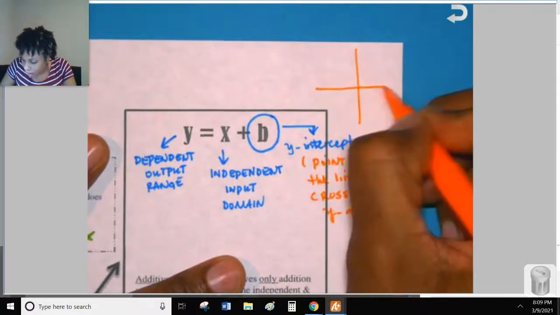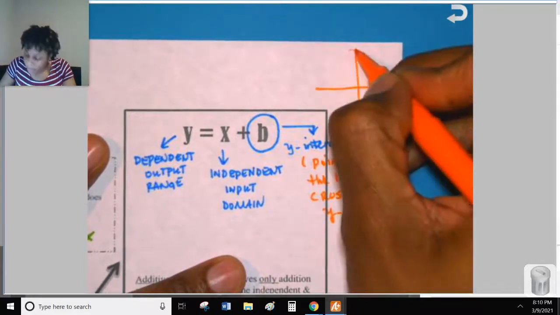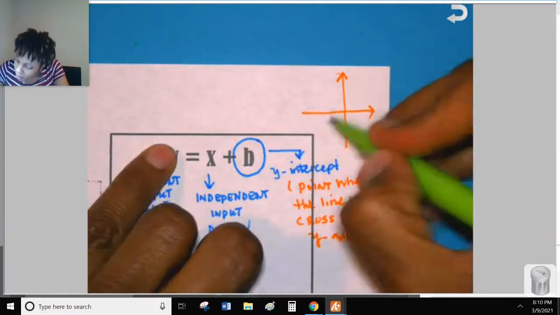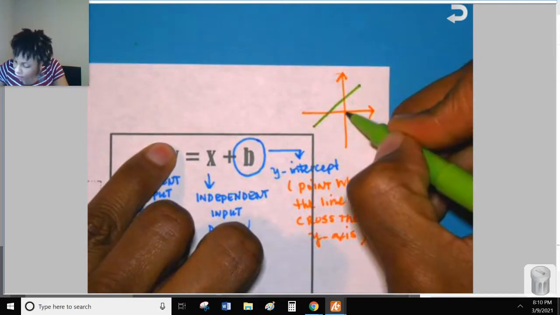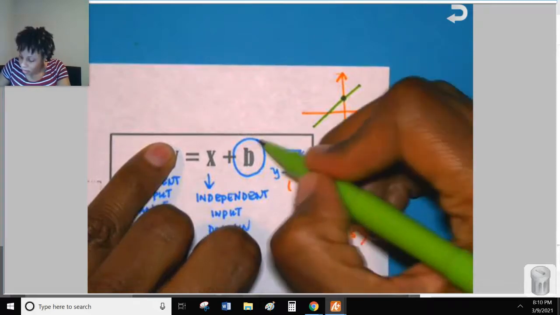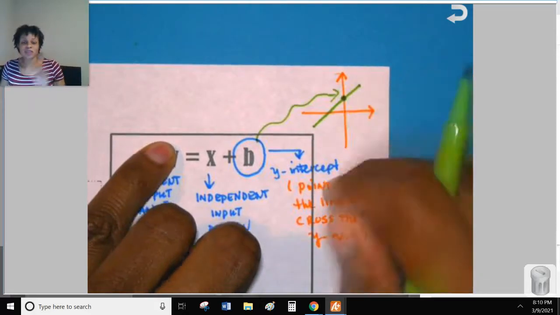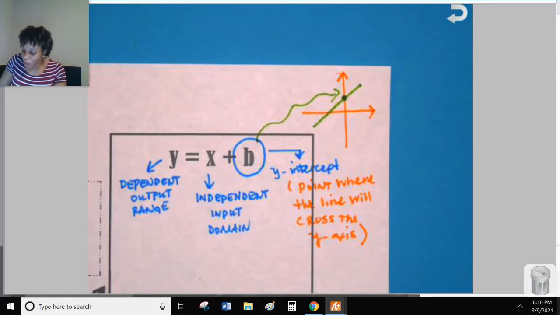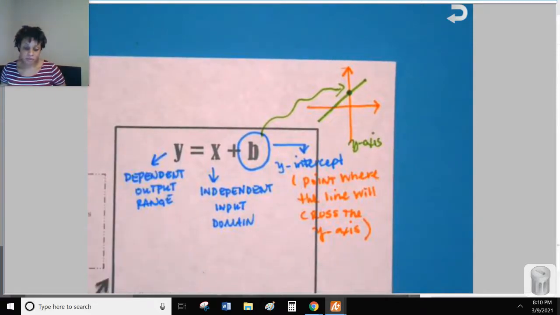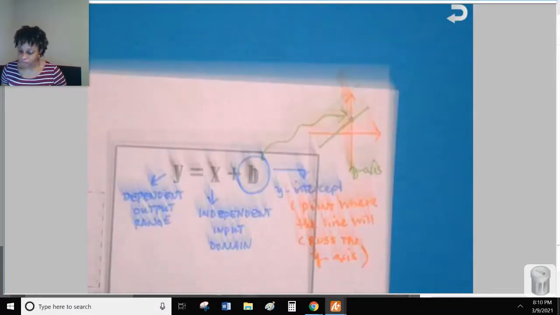If this was my coordinate grid, and I had a non-proportional graph, of course, remember, it's going to be a straight line, but it's not going to cross here. It could cross here. It could cross down there. This would be my y-intercept. That's the point where that line is crossing the y-axis. Okay? So just to give you a visual.